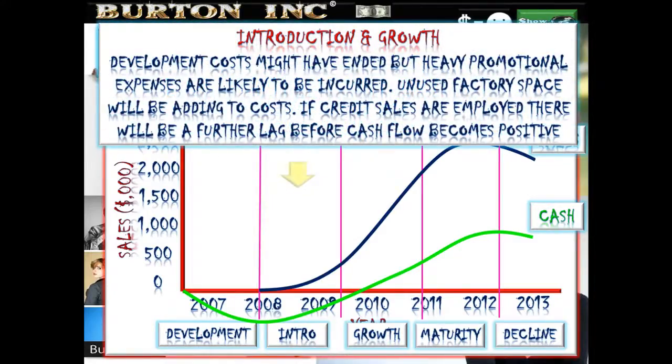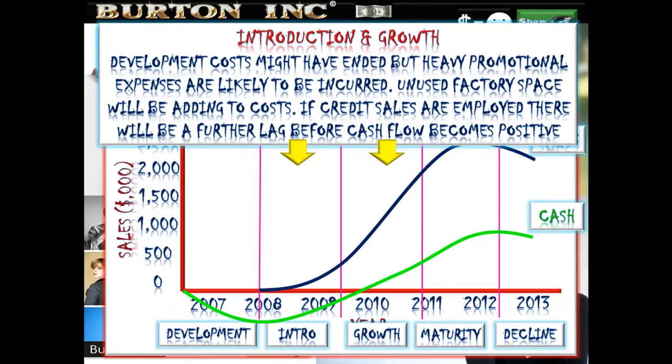In the introduction and growth phases, we'll look at both of these together. The development costs may have ended, but remember, introduction and growth, heavy promotional expenses are likely to be incurred. Here is where we are promoting our product the most intensely.